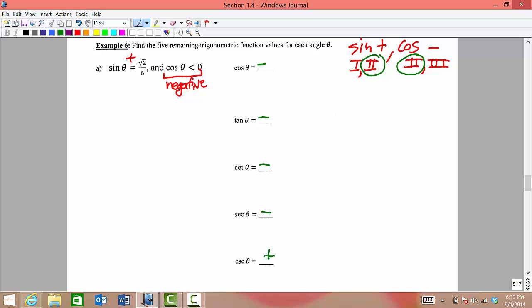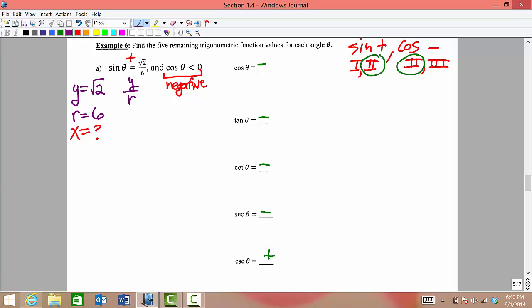We know that sine is y over r. So our y value would be square root of 2 for the top of our fraction, that's our y. The bottom value would be 6, that's our r. What we are left to find so that we can form our trig function values is x.